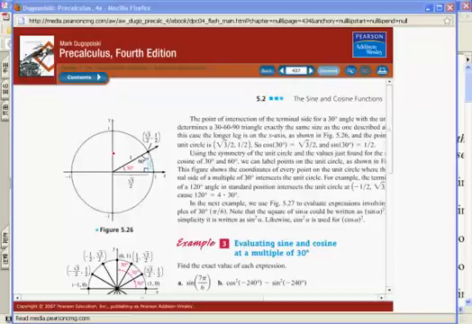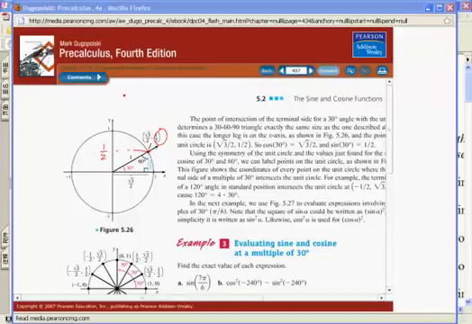So we mark this out. The length of this leg is equal to 1/2, so the y-coordinate of the point of intersection for this 30 degrees is equal to 1/2.